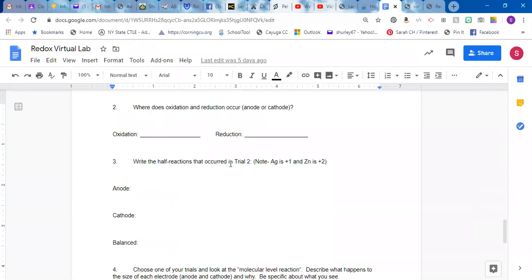So based on which one you said was the anode and the cathode, you should be able to write this reaction. So the anode, remember, will start as a metal and change to its ion. So I gave you what the possible ions are. So it's either silver plus or zinc 2+. The cathode starts as the ion and goes back to the metal.